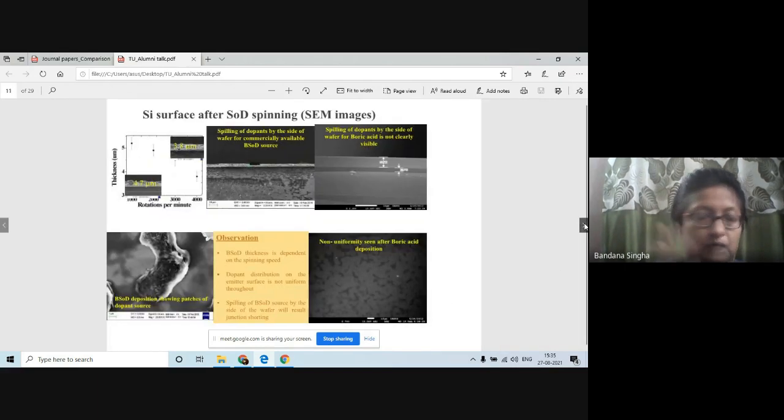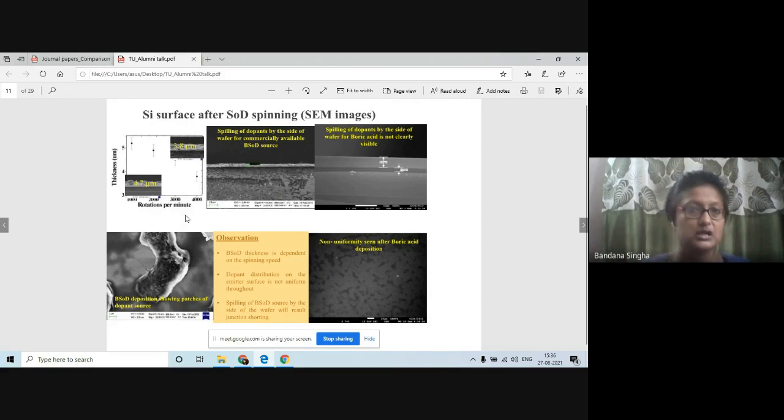Now coming to the deposition steps. The commercially available dopant source is basically associated with organic binders, and that's why it results in a thick film when we try to deposit the dopant on the silicon substrate. The thickness varies depending on the RPM, or rotations per minute.